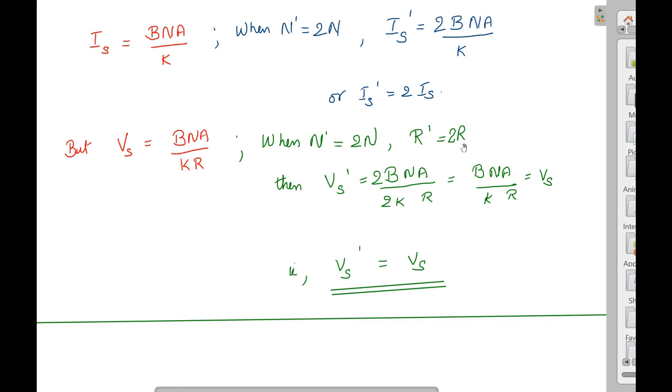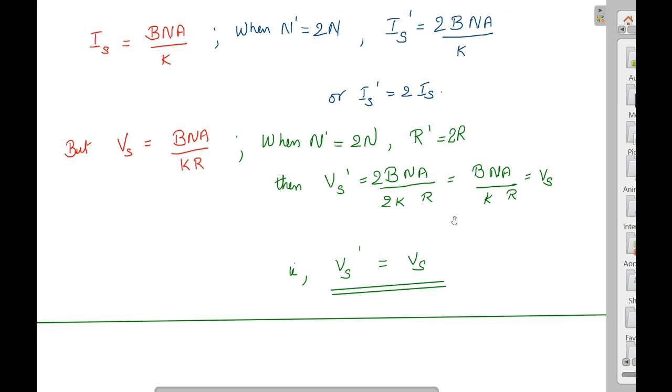R dash is 2R. Here we can see Vs dash, the new voltage sensitivity for 2N turns, becomes 2 times BNA divided by 2 times KR. R has become 2R. The 2 and 2 get cancelled. BNA divided by KR, which is the original voltage sensitivity.